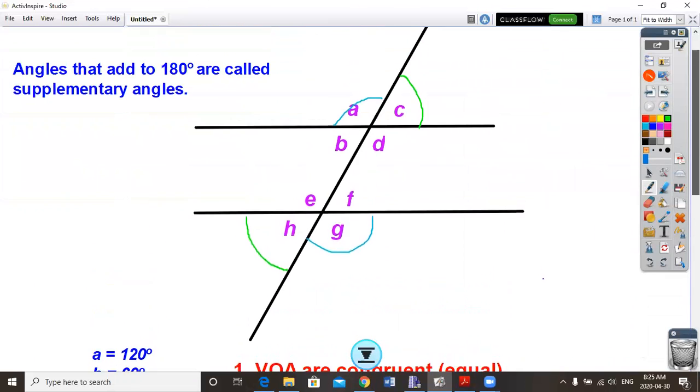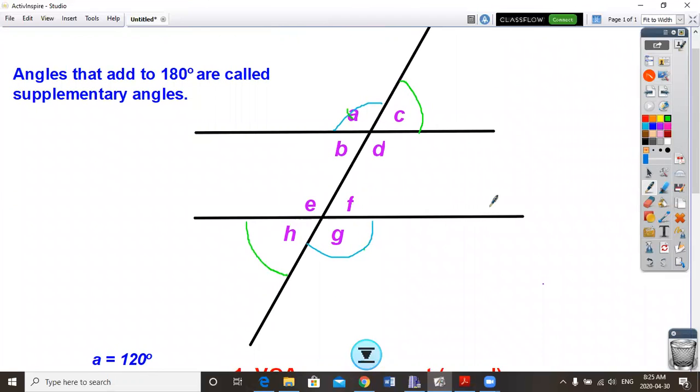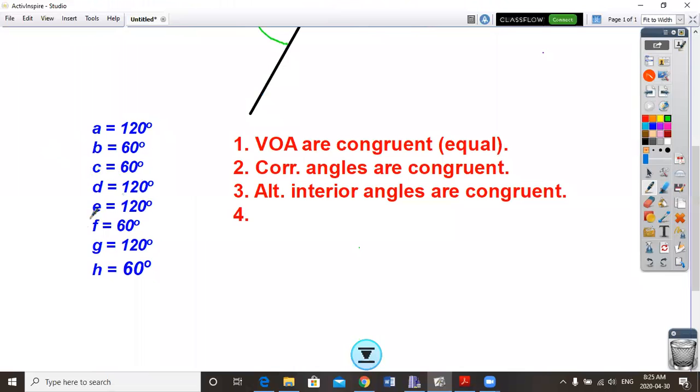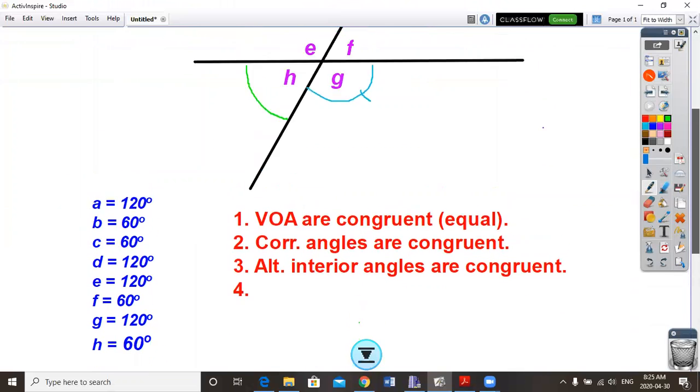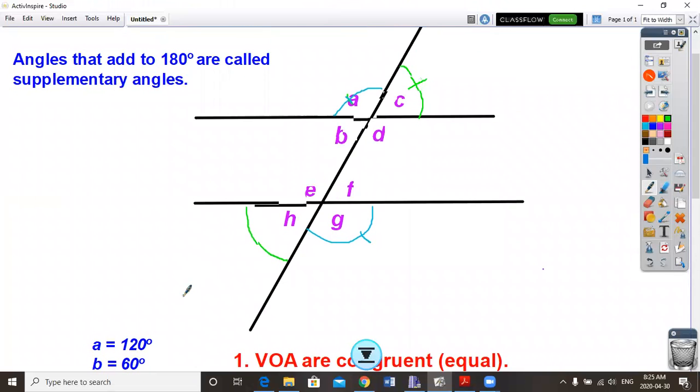So A and G are congruent. And C and H, C is 60, H is 60. They are congruent.